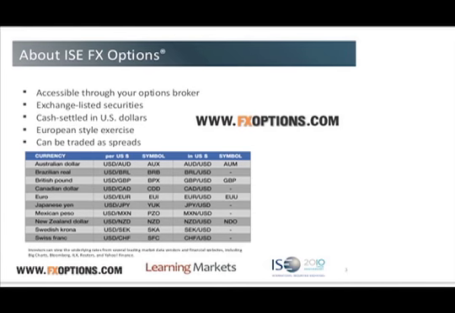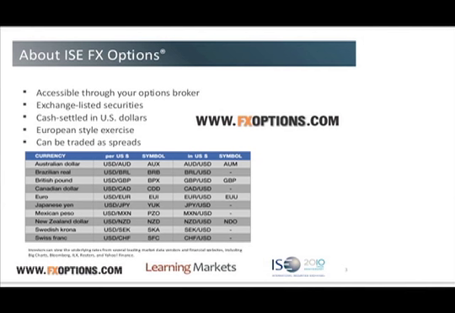A little bit about ISE FX options. They're accessible through your equity options broker. They're exchange-listed securities. They're cash settled in U.S. dollars. They're European exercise. Of course, they can be traded at spreads. And we have both dollar-based and dollar quote convention.